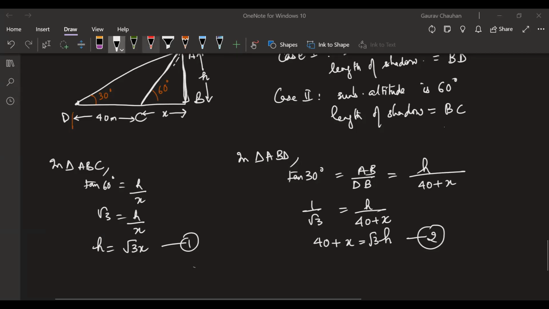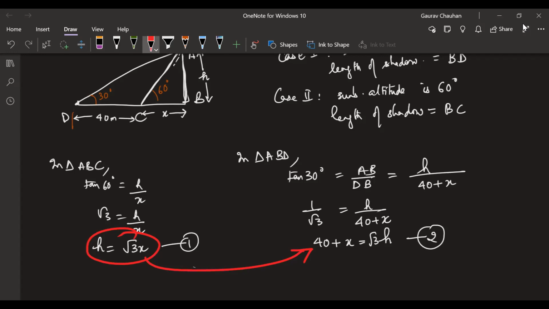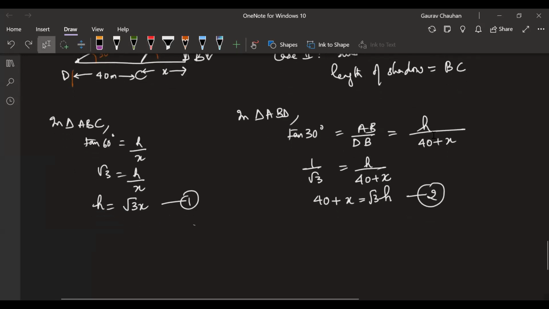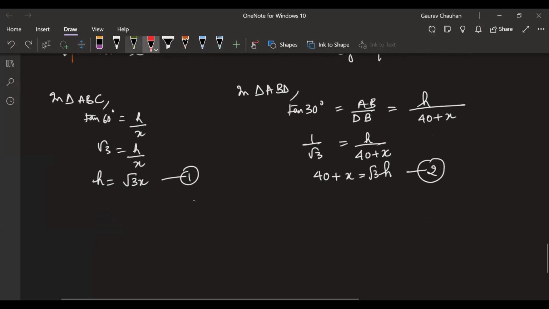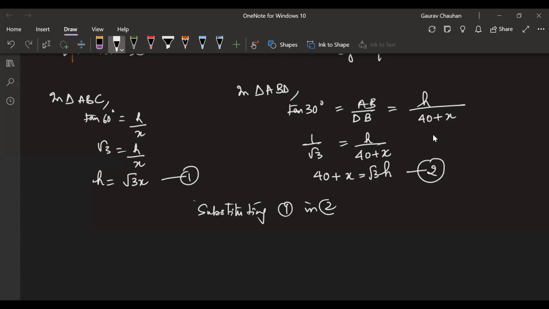I think the best way to solve this would be by substitution, because I already have H in terms of X here. So if I put this in the H place, I will get X in the second equation. I'm going to do substitution. I already have H in terms of X. So substituting equation 1 into the second, I'm keeping X as it is.